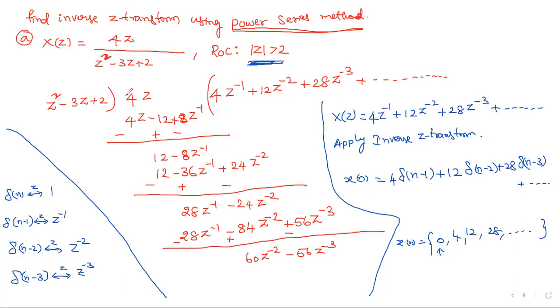Same question, if they give left-sided, that means x of z is equal to 4z divided by z square minus 3z plus 2. What is the ROC given? ROC is mod z less than 1.